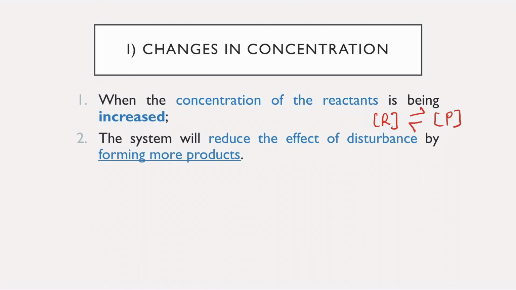So when the concentration of reactants is increased, your system will want to decrease the concentration of your reactants. How will they do that? They will do that by forming more products. That means you're going to consume more of your reactants to form more products.